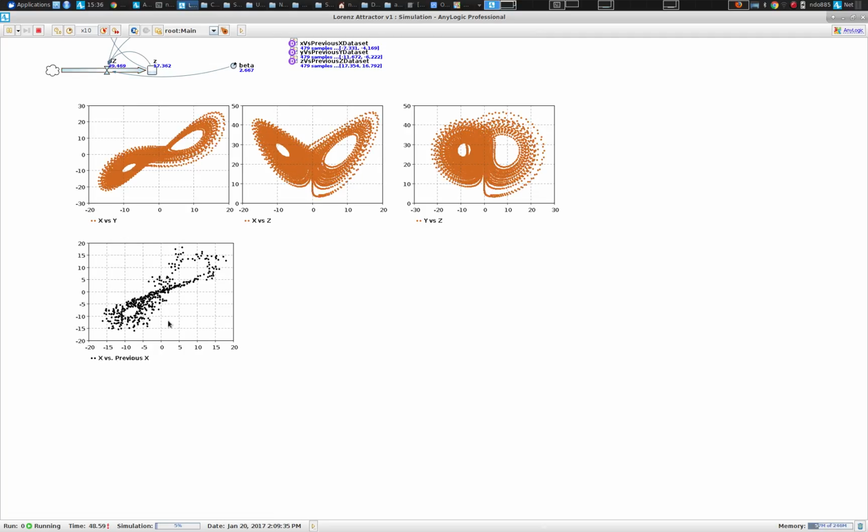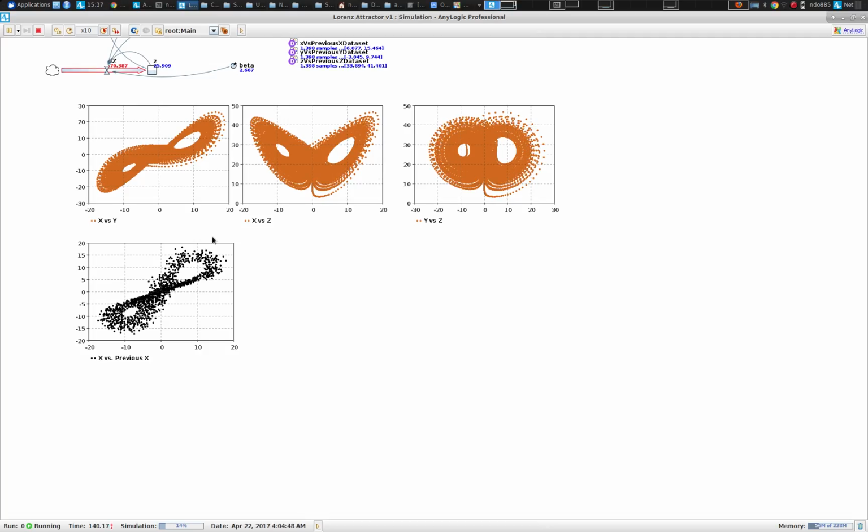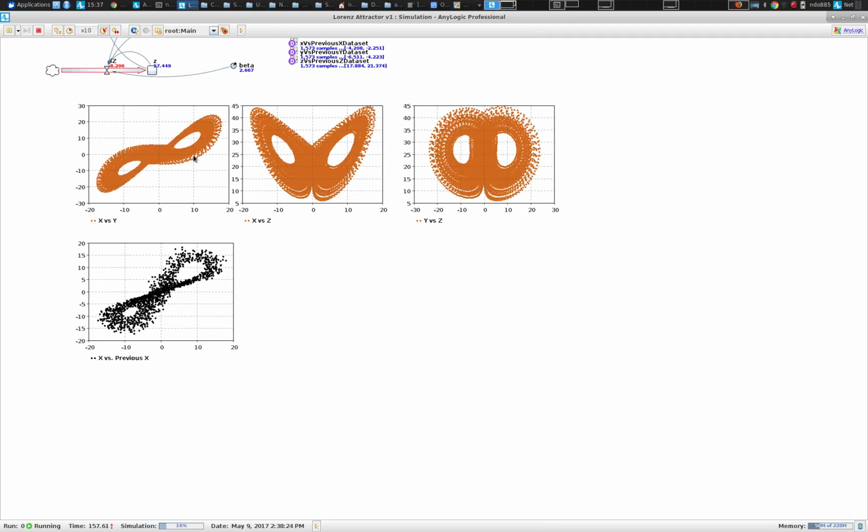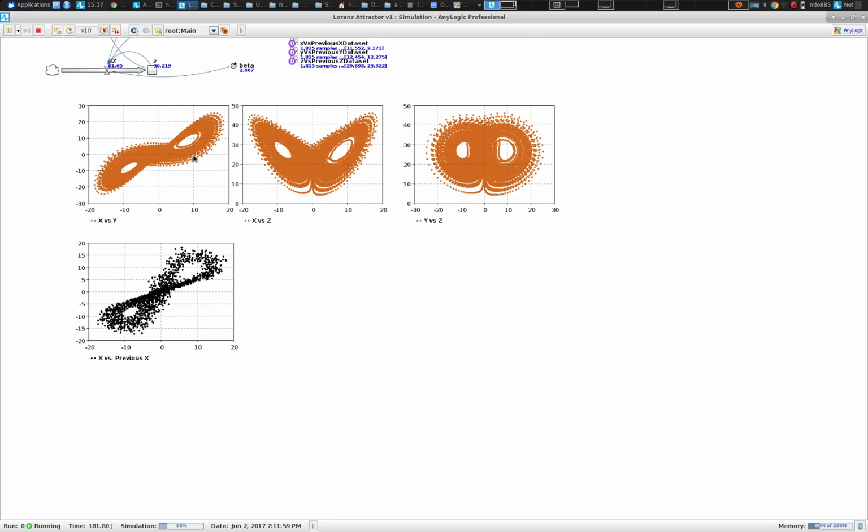And here, down here, we see x of t versus x of t minus 1. You may recognize the general structure. These 2 lobes correspond to these 2 lobes. It preserves the basic structure, even though it's squished in some ways. It's basically allowing us to understand the structure of the state space.